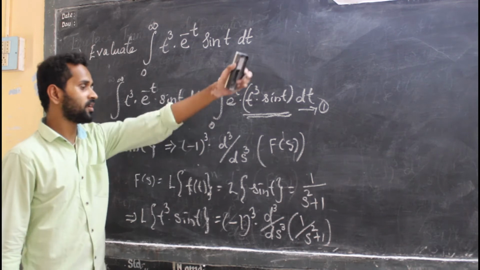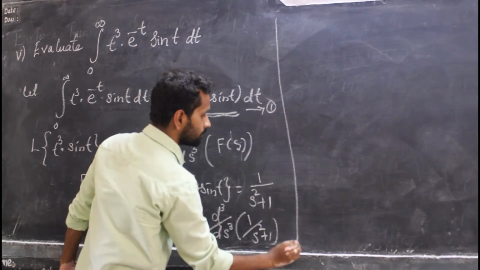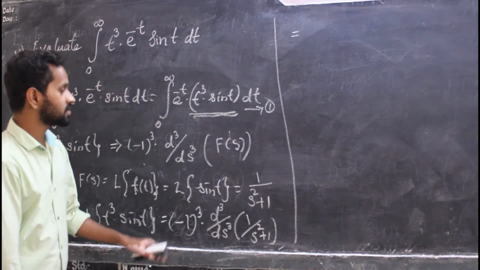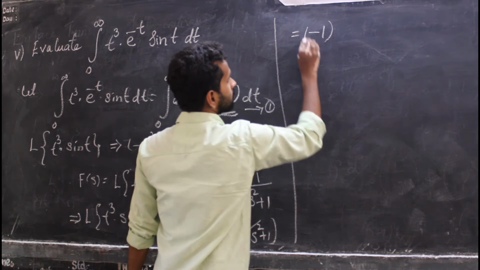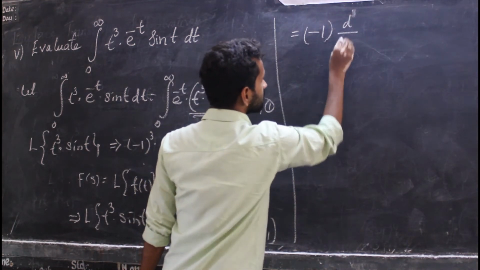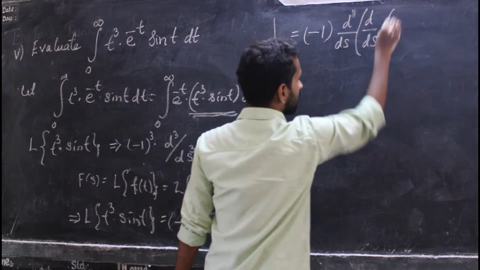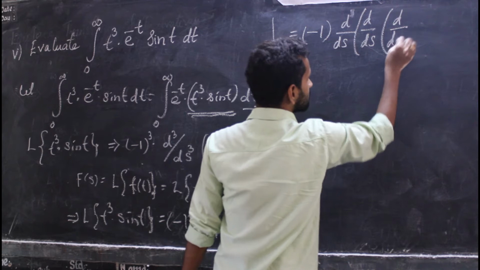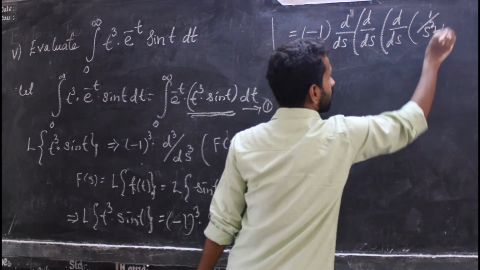Now I need to simplify step by step. Now what will be there? It will be minus 1 whole cube, means minus 1 into d cube. I can write d cube as d by ds of d by ds of d by ds into f of s, 1 by s square plus 1.